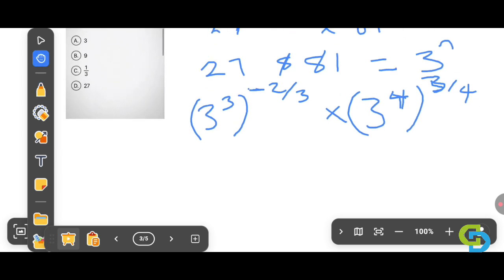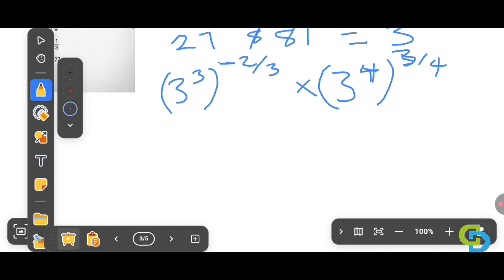Okay, so we can start with this. There is a law we have in indices, and this law is: when you have open bracket a raised to m, close bracket raised to n, it is equal to a raised to m times n.